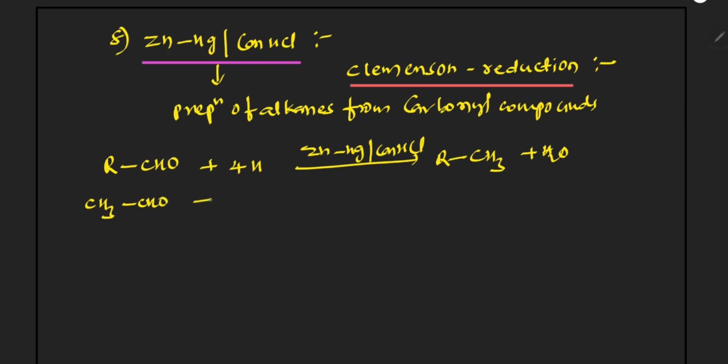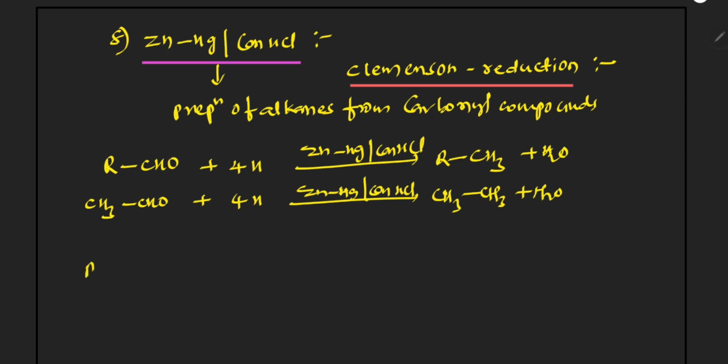CH3CHO, acetaldehyde, on reduction with zinc amalgam and concentrated HCl gives ethane, CH3CH3, plus H2O.